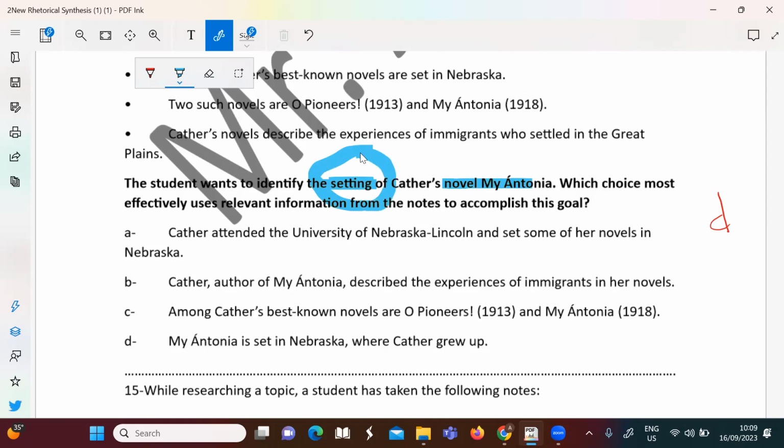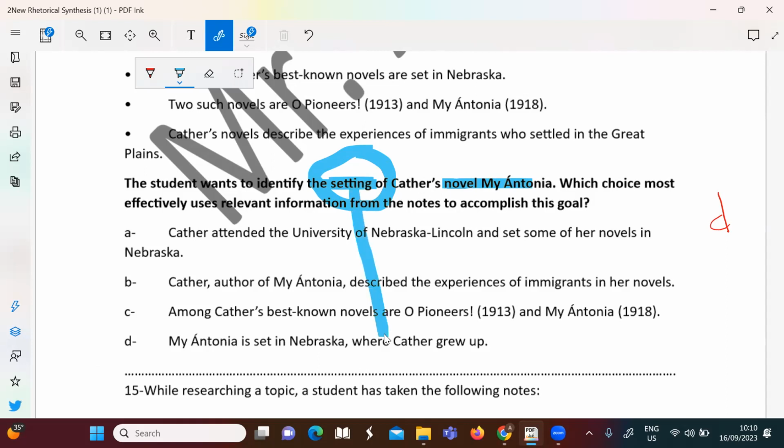Specifically the setting. Well, you chose D. For what reason? Because it said about Antonia, the setting of Antonia where Catherine grew up also. Okay, the keyword here which reflects the setting, one word. Means set also. One word you can match to the setting.